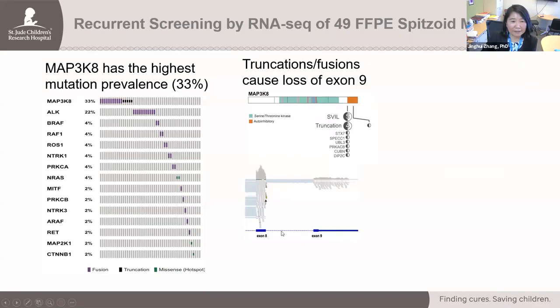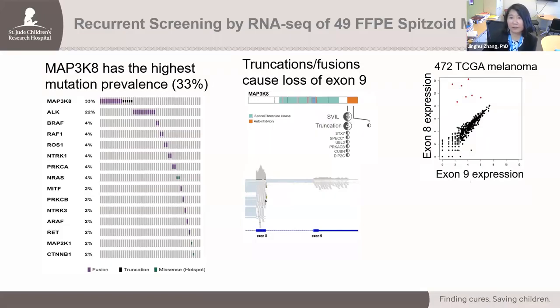The pattern on the RNA sequencing data is also very clear in that we see a diminished exon 9 expression compared with exon 8. Then we were curious to see whether this event can also be found in adult melanoma. The strategy we used was to design a very quick analysis, just looking at exon 8 expression to exon 9 expression differences on 472 melanoma samples, and we found 8 of them actually show a diminished exon 9 expression.